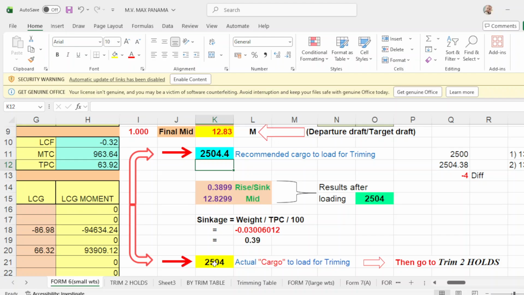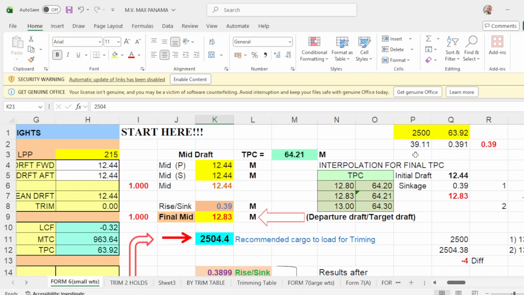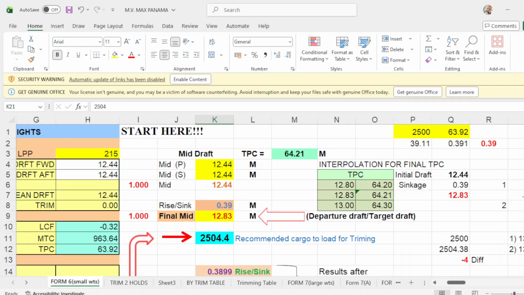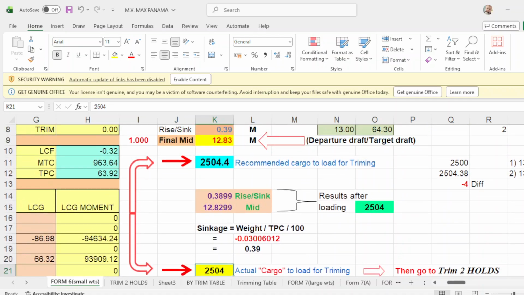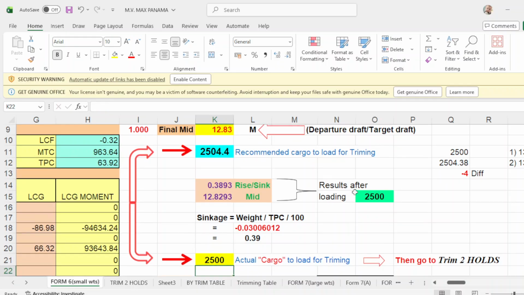So at this juncture, we put 2,500 as recommended to be a whole number. Take note of this, guys. So I put here 2,500.